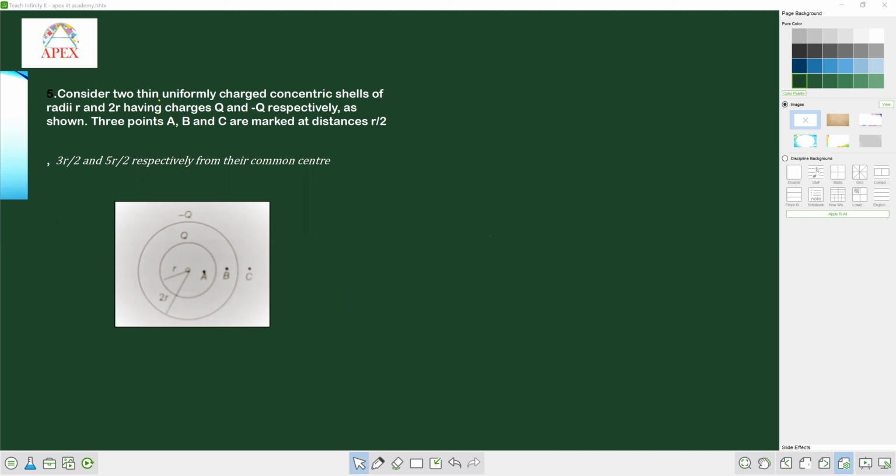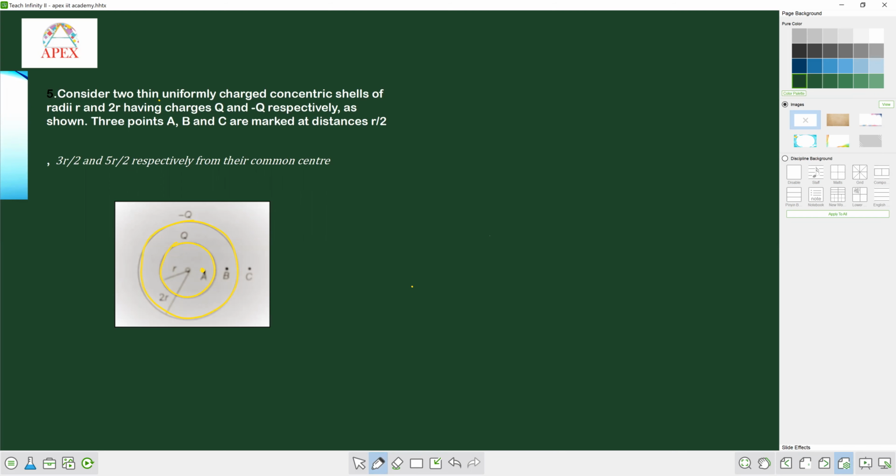If I consider point A, where is point A? It is inside the first shell and also inside the second shell. When concentric shells, that means hollow spheres, are taken, inside a hollow sphere the electric field intensity is always 0.